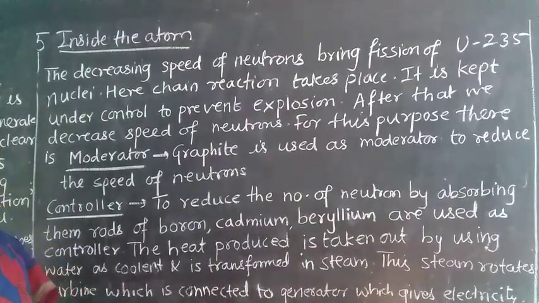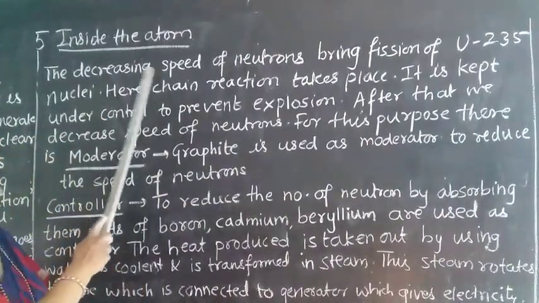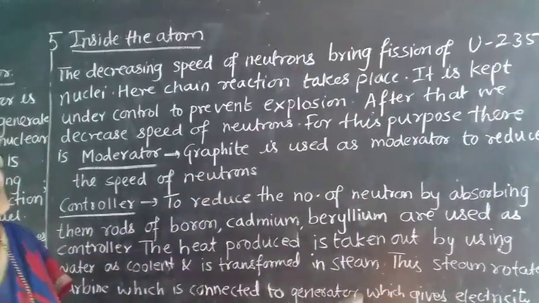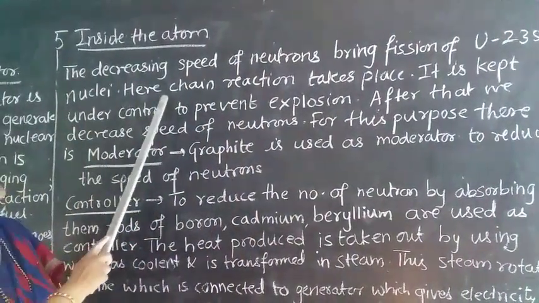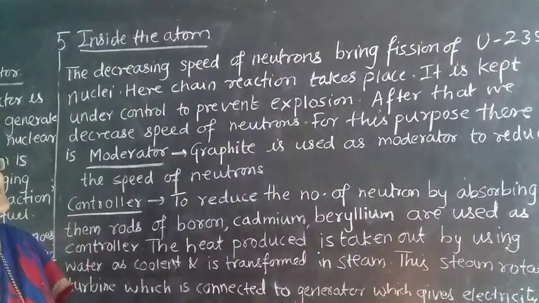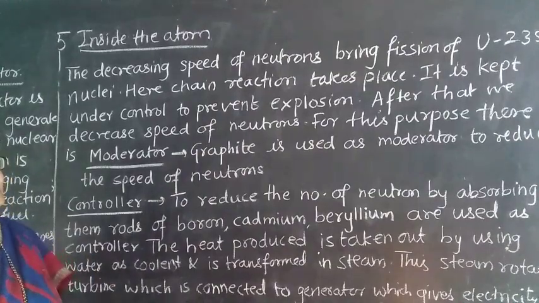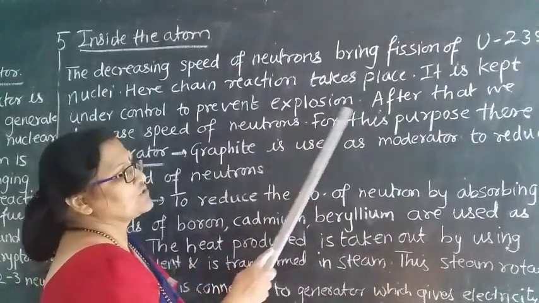The neutrons formed here have a great speed. Now to decrease the speed of the neutrons, we have to bring about the fission of uranium-235 nuclei. Here a chain reaction takes place. It is kept under control to prevent an explosion.